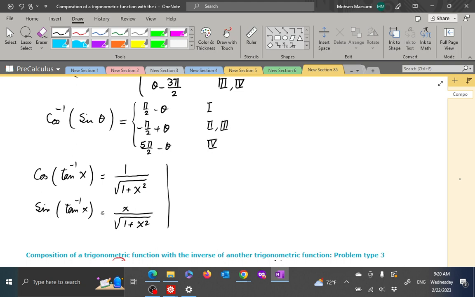What else? Cosine of, for example, sine inverse of x. That's going to be radical 1 minus x squared. Similarly, sine of cosine inverse of x. That one also is radical 1 minus x squared.